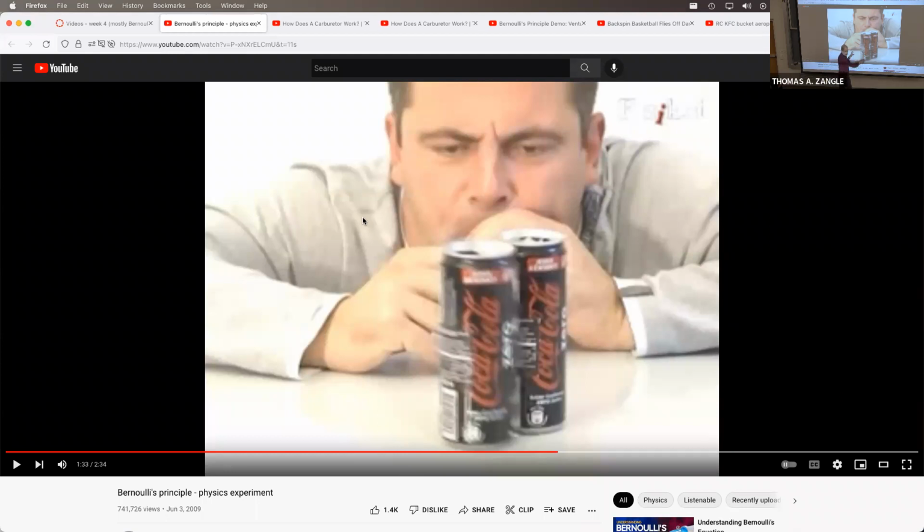So we know that the pressure exterior to these cans is higher, and therefore really pushing them. So we can understand these movement tricks, but we can also use this kind of a trick in real life devices.